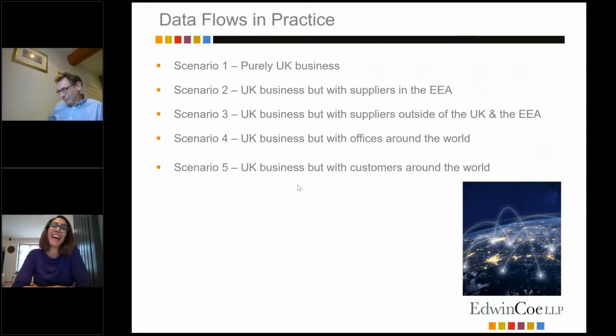Thank you. So moving on to the third scenario. The third scenario concerns a UK business that has engaged suppliers based outside of the UK and the EEA. Restricted transfers from the UK to countries outside the UK and the EEA will be subject to transfer rules under the UK regime. The UK transfer rules will mirror the current GDPR rules.